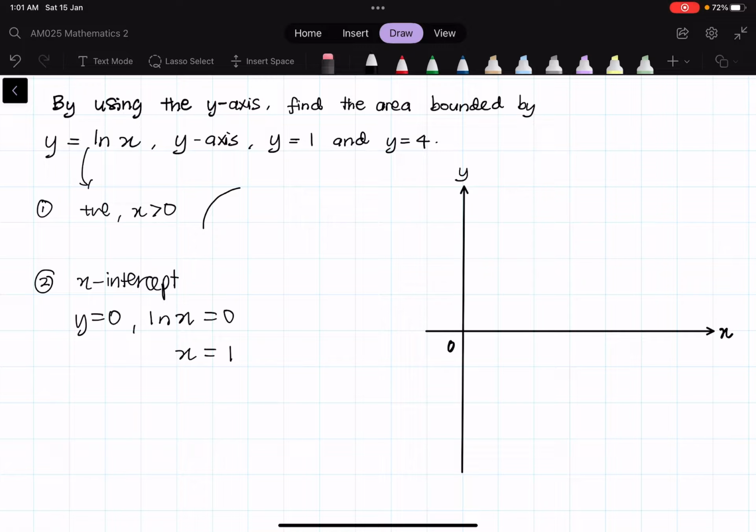So we have an x-intercept which is 1. Now let us sketch. So this is the curve of y equals ln x.